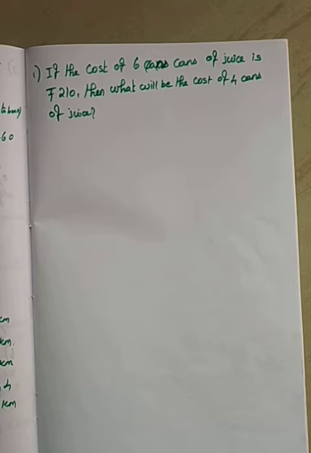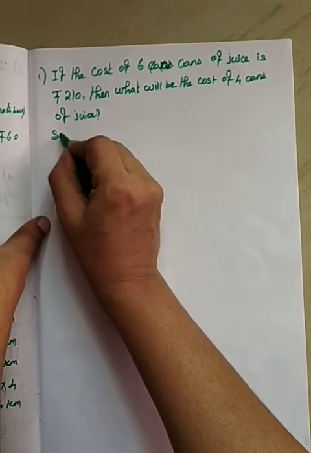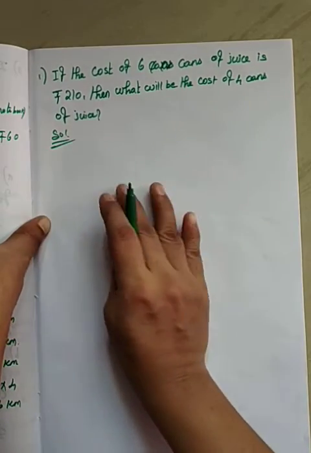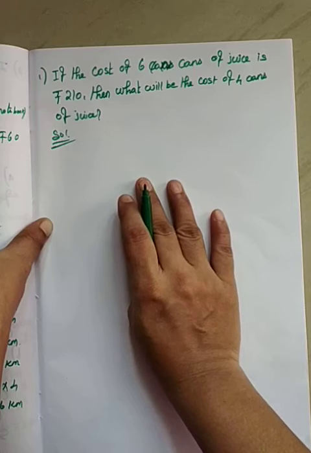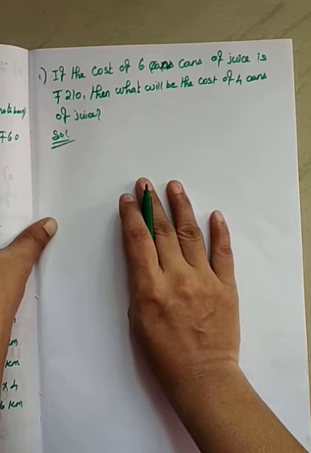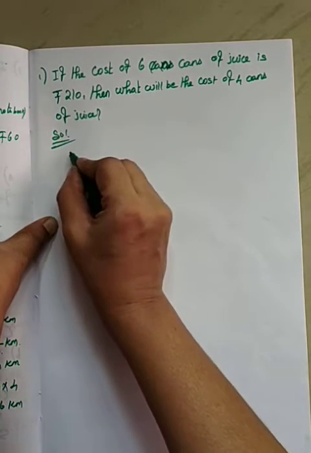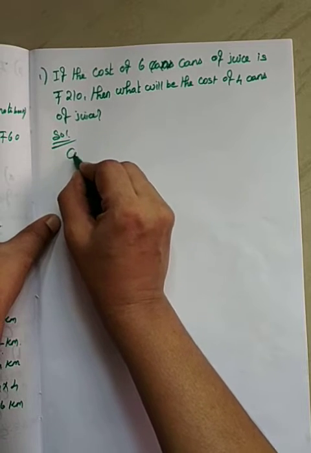So first of all, you can find what is the cost of 1 can of juice. After that, you have to find out the cost of 4 cans of juice. So first you have to write the given condition. That means cost of 6 cans of juice is rupees 210. So first you have to write in that line.